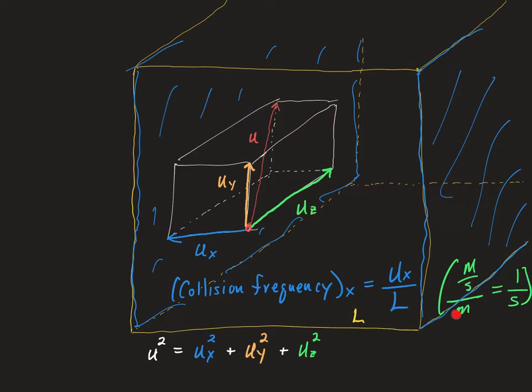Meters per second divided by meters gives us 1/seconds. So this tells us how many collisions we have with the wall per second, right? So collisions with the wall per second can be expressed that way. Speed in that direction divided by the length of a side of the box.